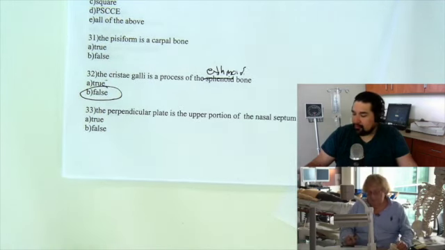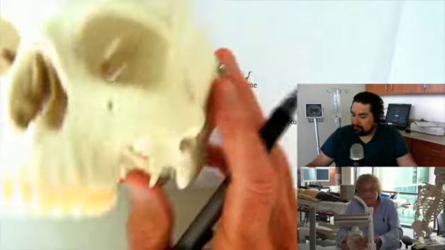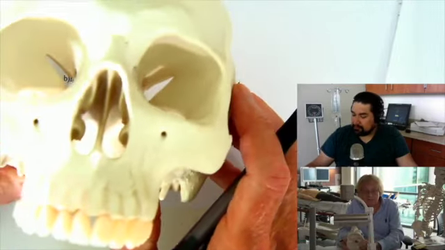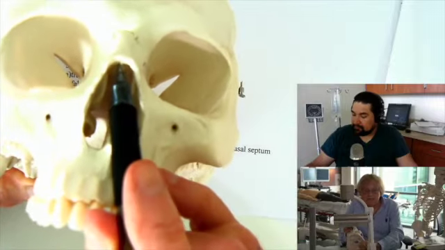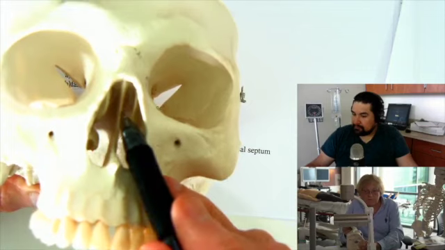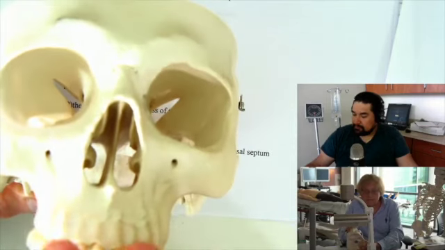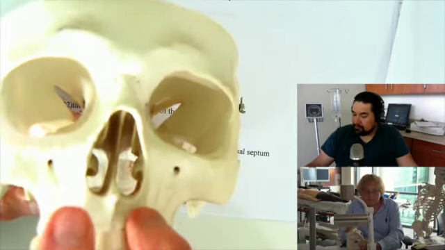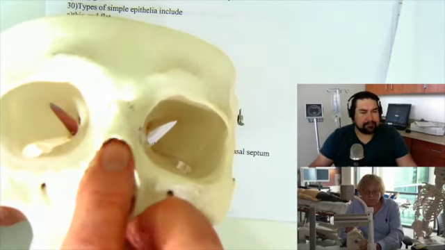It says the perpendicular plate is the upper portion of nasal septum. Well, again, as I look inside of my nose, I know there's a bone at the top coming down, that's ethmoid. I know there's a bone in the middle here called the vomer, and I know down here it's going to come up with the 2 maxilla. So 1, 2, 3, 4 bones.